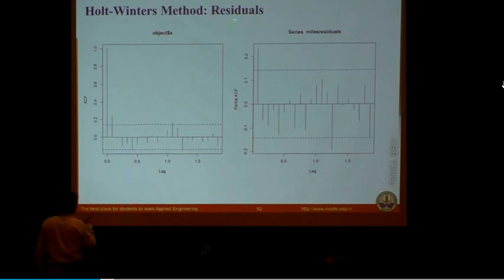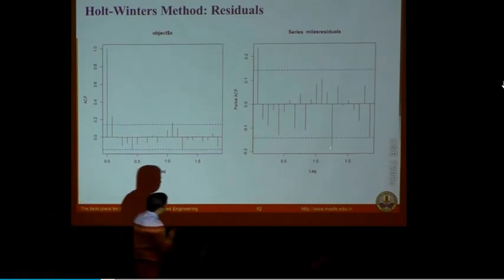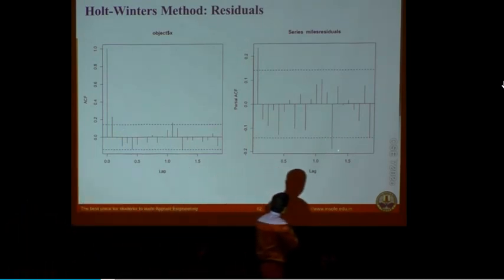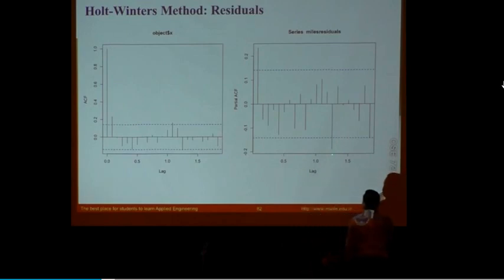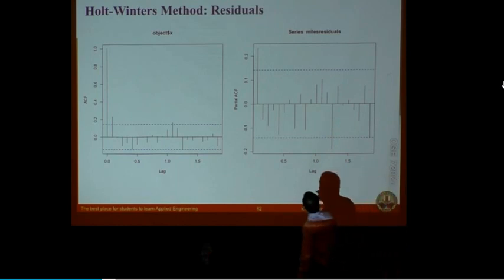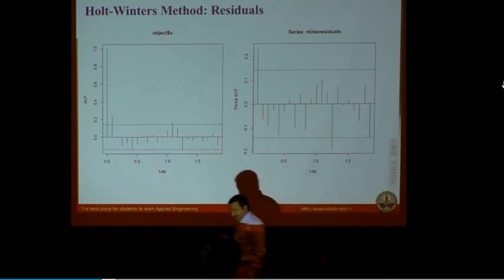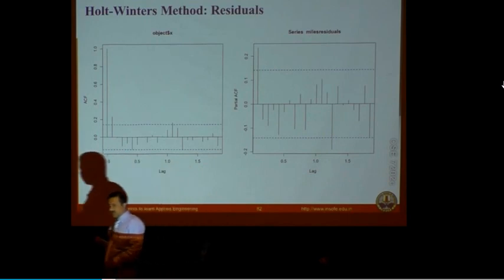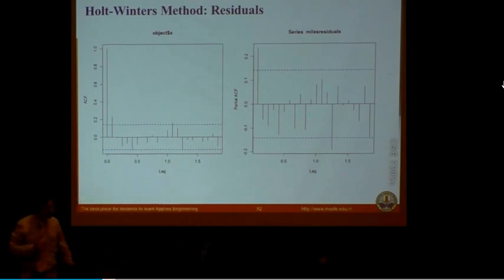So, Holt-Winters residuals, well, looks like there is something still left out. This is, I think, way out in the 15th month or something, 1 year, 1.5 years, somewhere in between. But the first one is there. So there is still something left. Holt-Winters has not accounted for all of that variation.